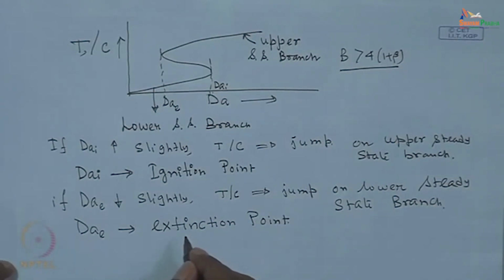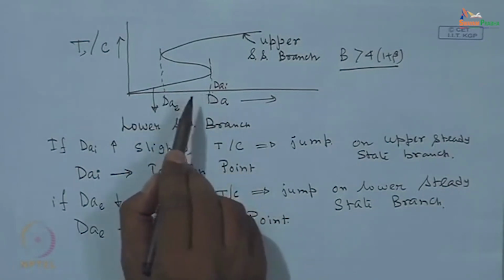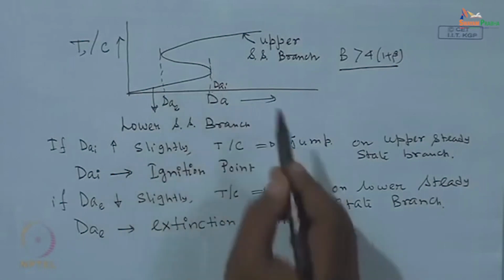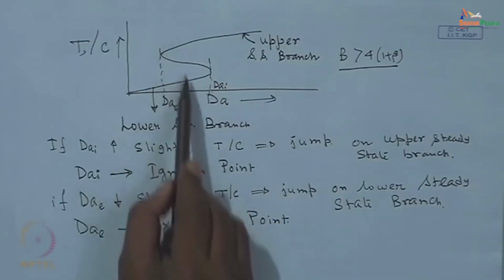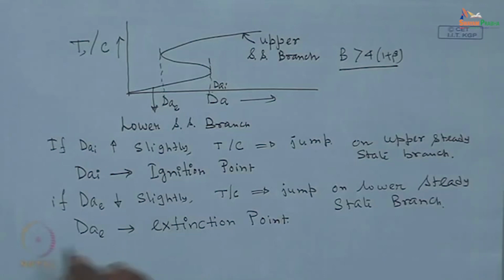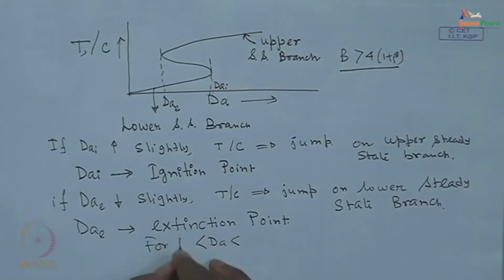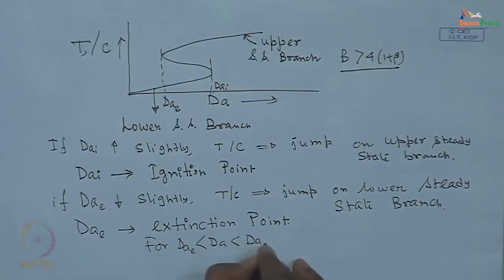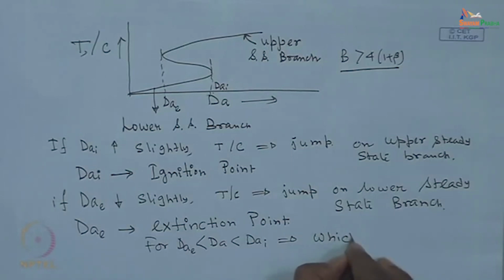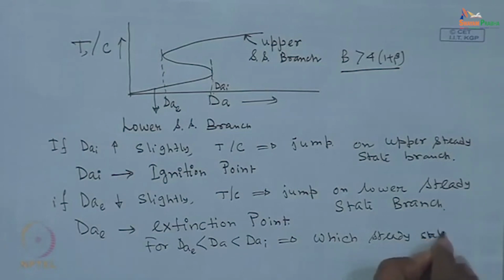Okay. So, if we operate at any Damkohler number in between dAe and dAi, we will have multiple steady states. For dA lying in between dAe and dAi, which steady state is obtained will depend entirely on the initial values of T and C. Which steady state among multiple?